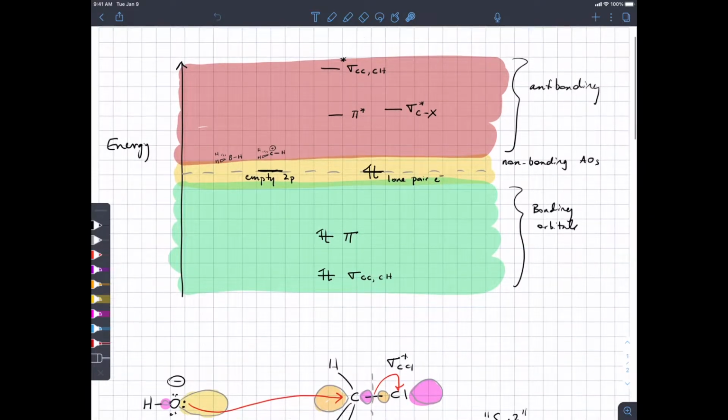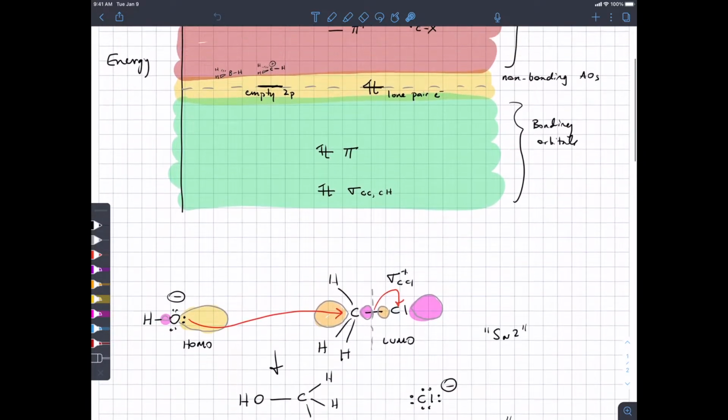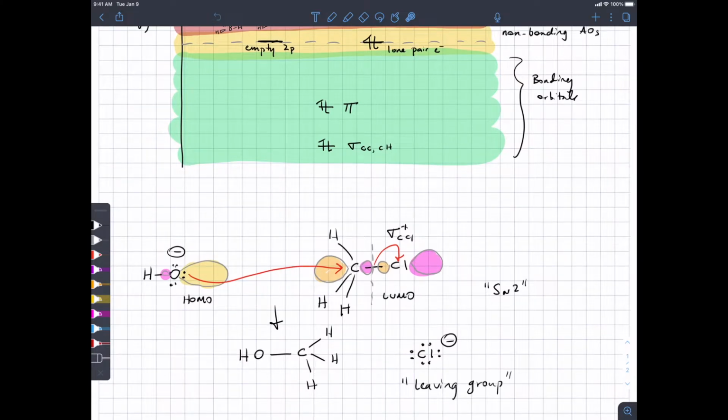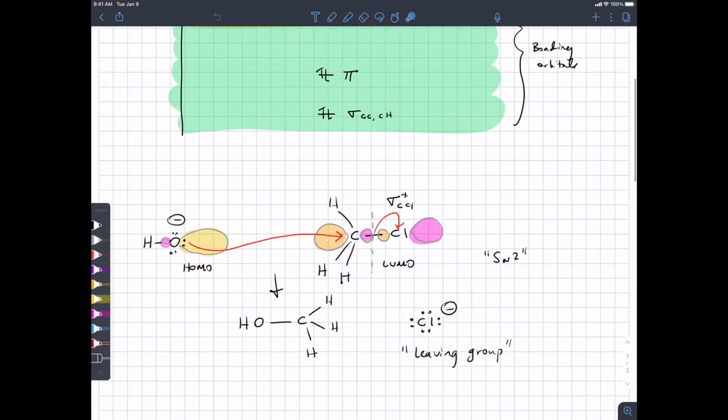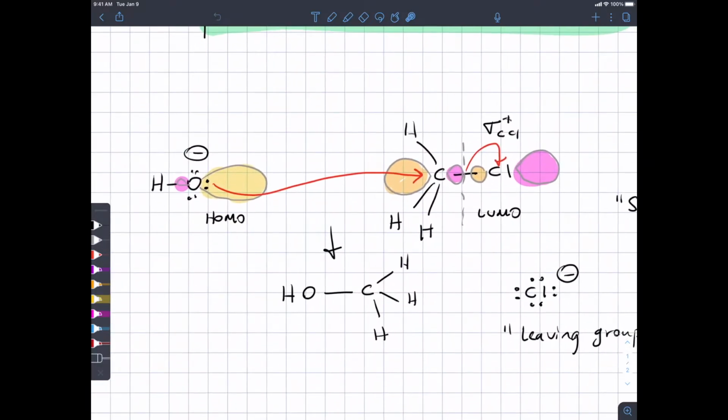So I showed you some examples last time of reactions that you can actually predict now based on this simple understanding of orbitals. One of them was if we take, say, hydroxide and this alkyl halide, a methyl group with a chloride attached to it.